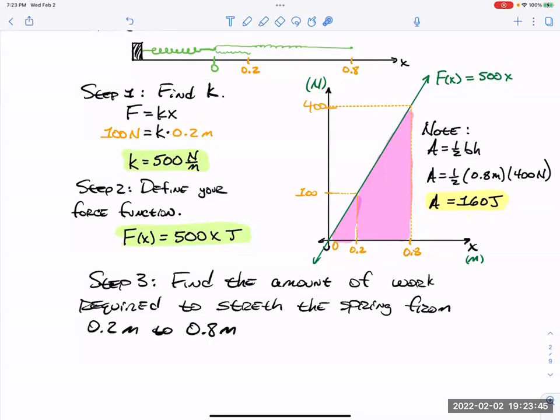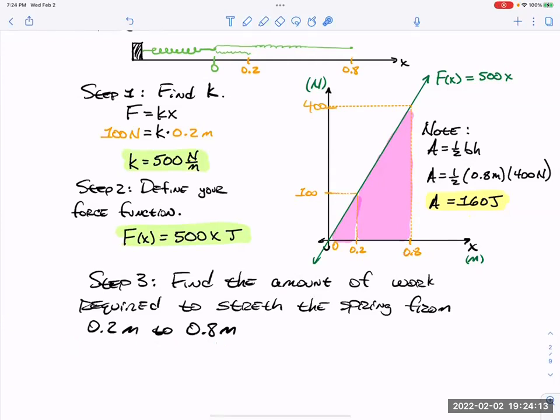But suppose we want to calculate this with an integral. We should get the same answer. So pretend that we just have the function 500x, and we'll do step 3: find the amount of work required to stretch the spring from 0.2 meters to 0.8 meters.